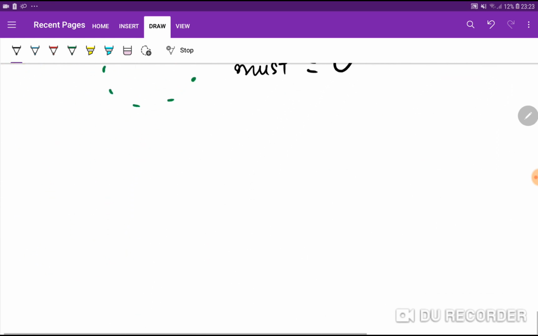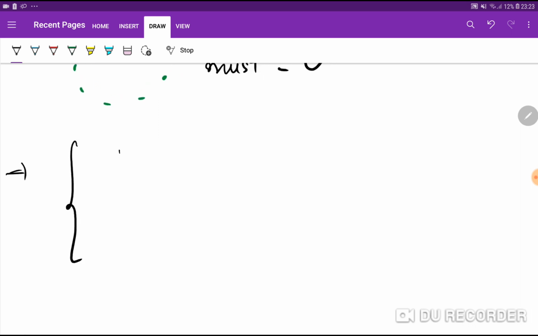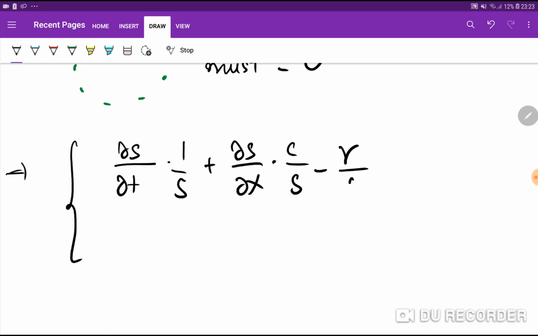So what do we have? We will say partial of s with respect to t times 1 over s plus partial of s with respect to x times c over s minus mu over s times partial squared s over x squared equals 0. Okay, I will call this equation 5.